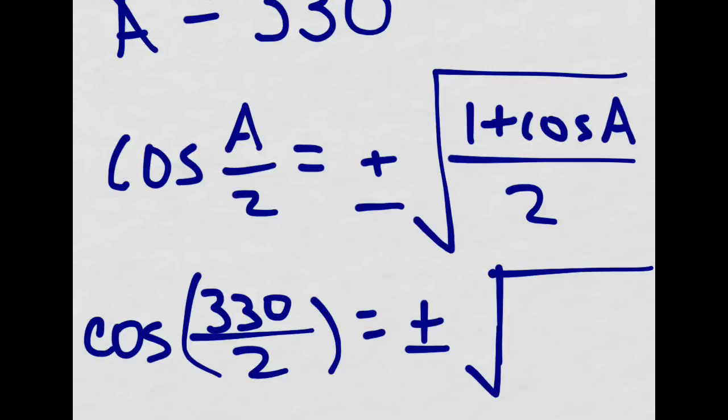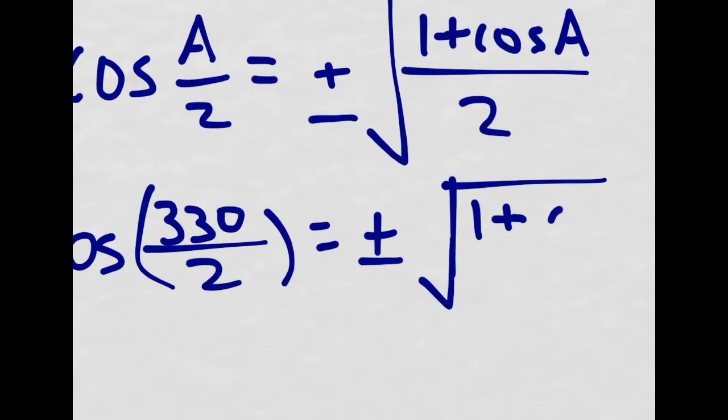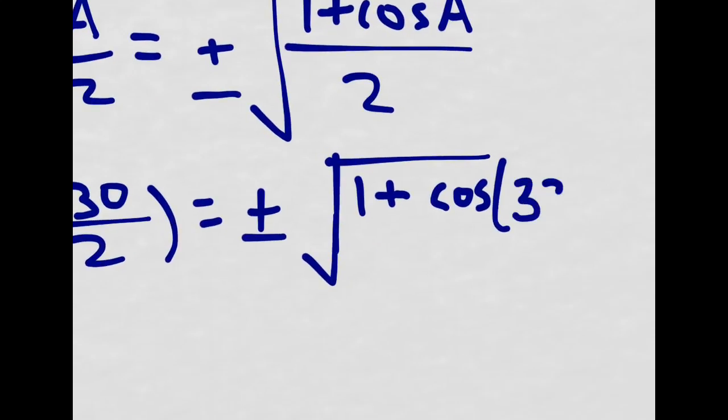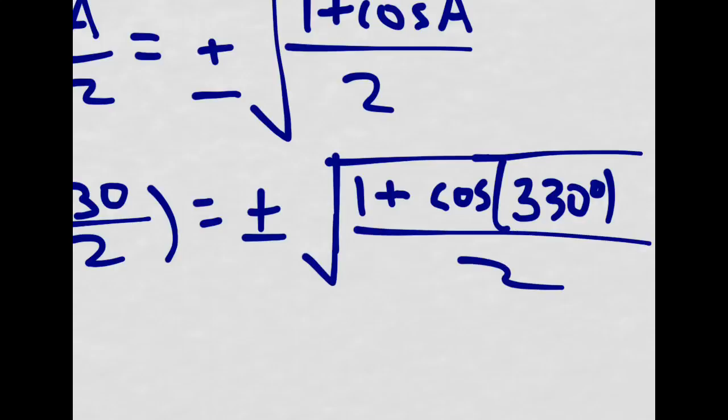Then I got plus or minus the square root of 1 plus the cosine of, I'll zoom out in a second, 330 degrees all over 2.